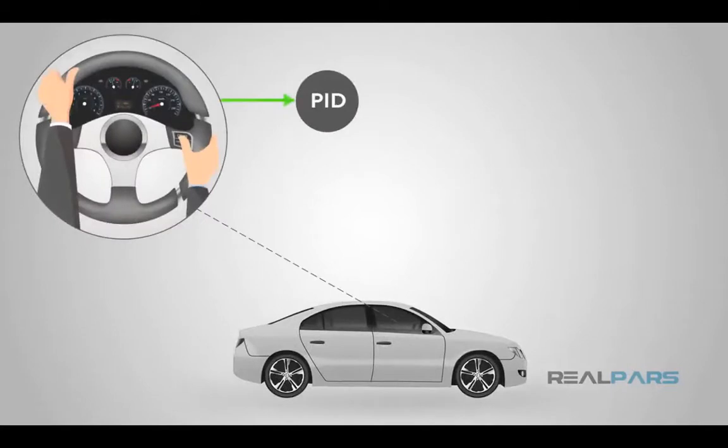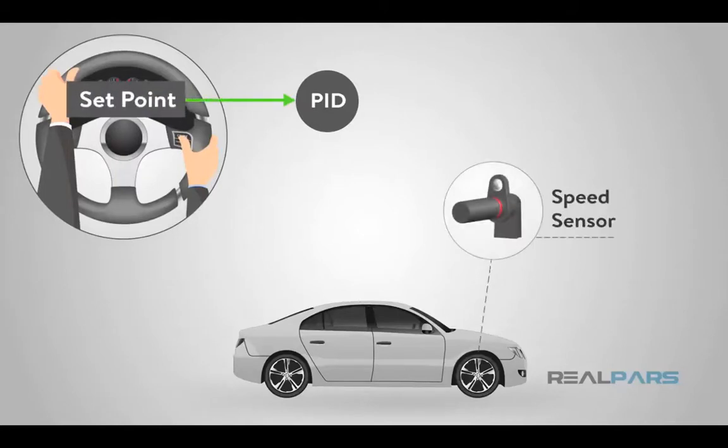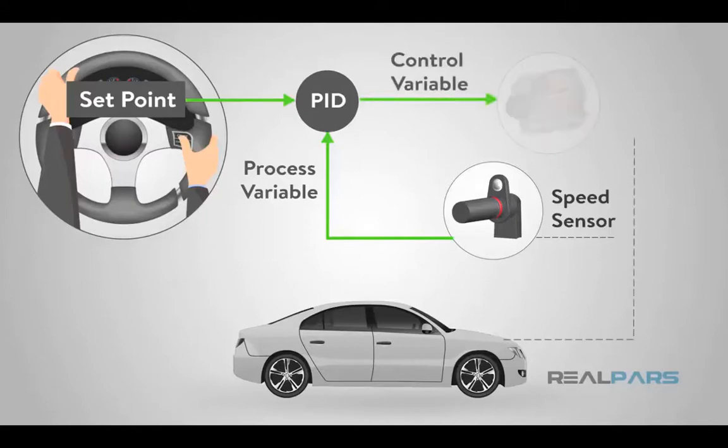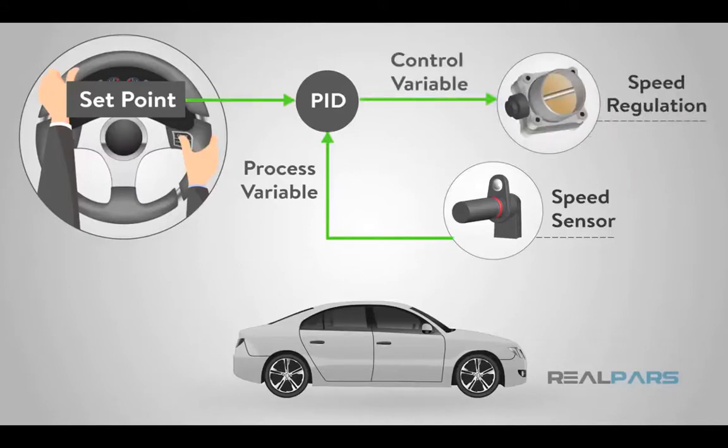The cruise control on a car is a good example of this type of control. Basically, you tell the controller how fast you want to go, the set point, and the controller samples the actual speed, the process variable, and then calculates an output value, the control variable, and sends that signal to the gas pedal.